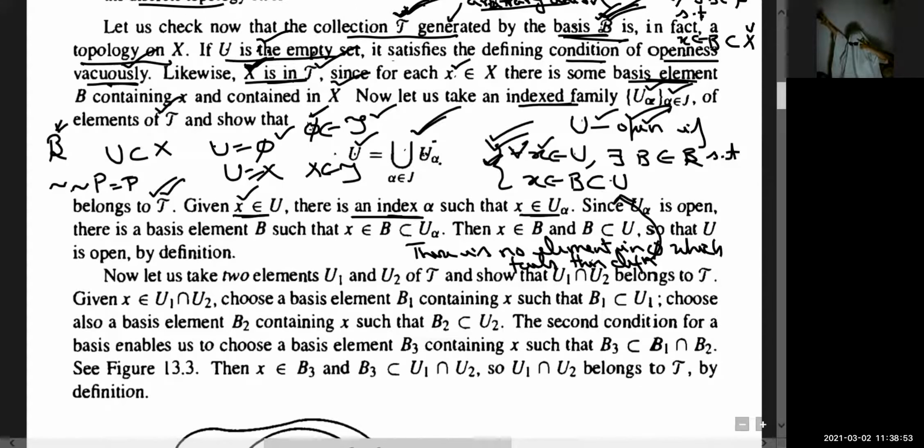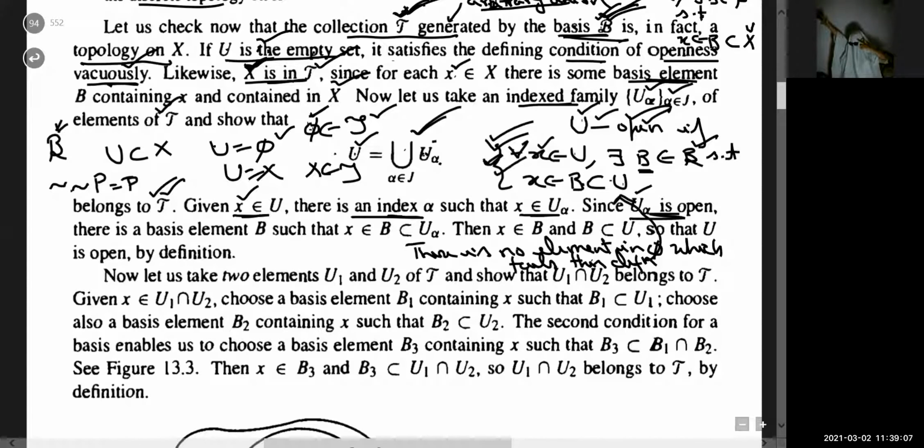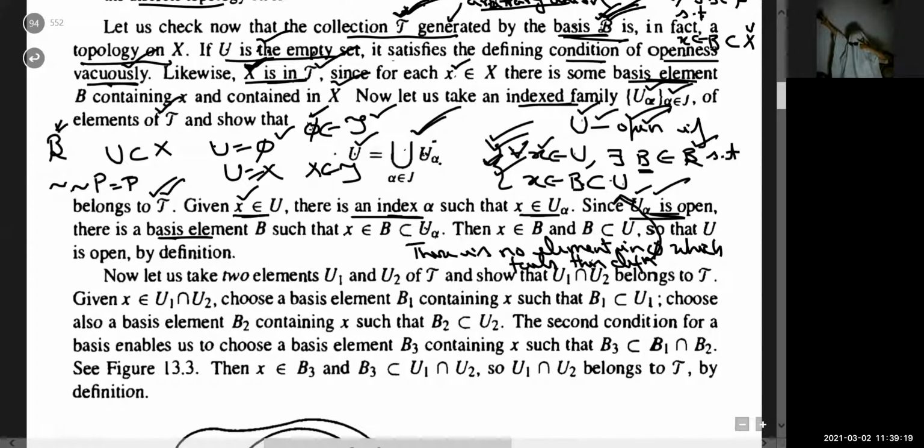For some alpha. So since U alpha is open, अब recall करो, since U alpha is open, so there must exist some B from the basis which contains that element and which is contained into U. बस ओपन सेट की डेफिनेशन आप यहाँ लगा दो. So since U alpha is open, there must exist at least one basis element B from the basis script B such that x belongs to B and B is contained in U alpha. बताओ ये यूनियन U is equal to union of U alpha का क्या मतलब हुआ?